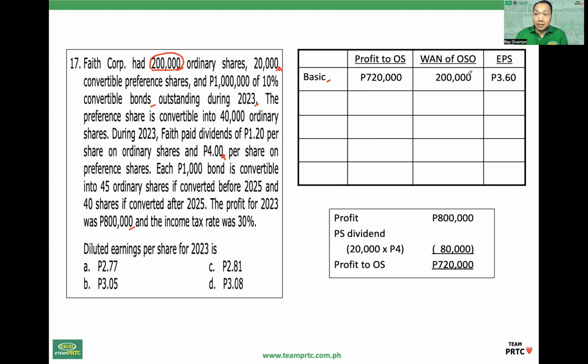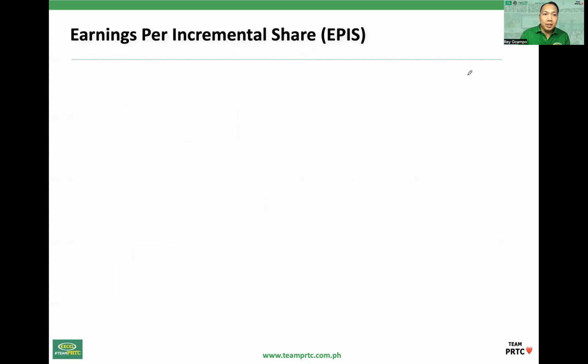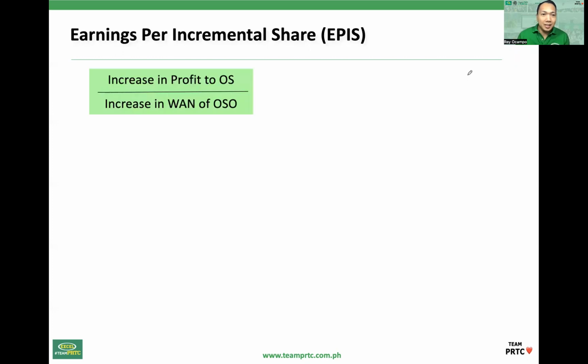So paano yung test na yan for dilution? This one. So kukumputin yung earnings per incremental share or EPS. So paano kino-compute yung EPS na yan? Earnings per incremental share. Okay, so yung effect of conversion on numerator divide by the effect of the conversion on the denominator.